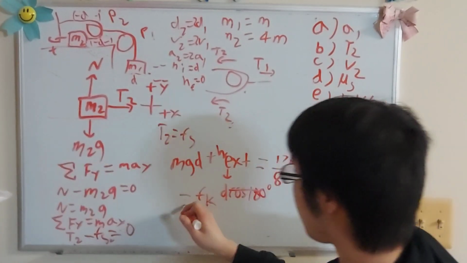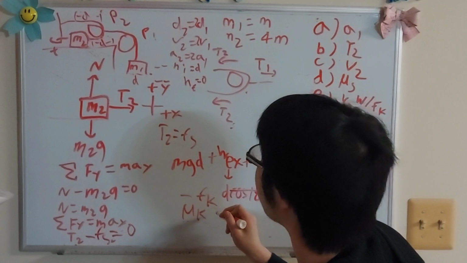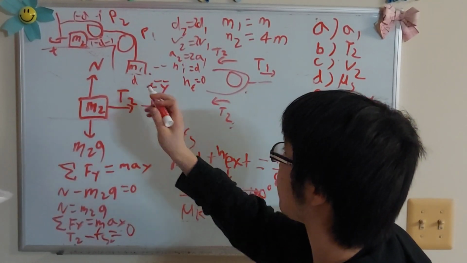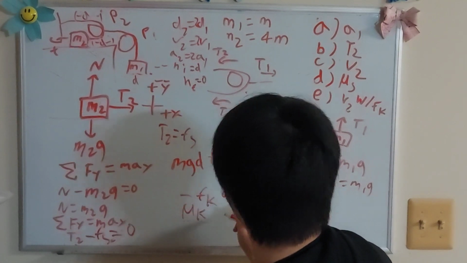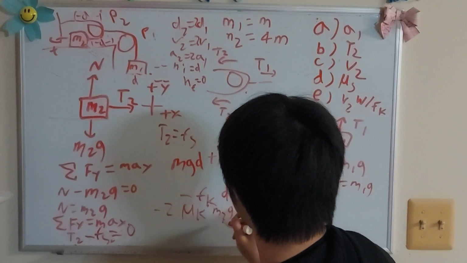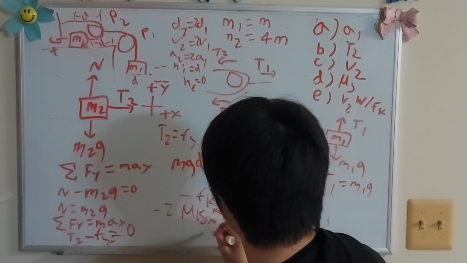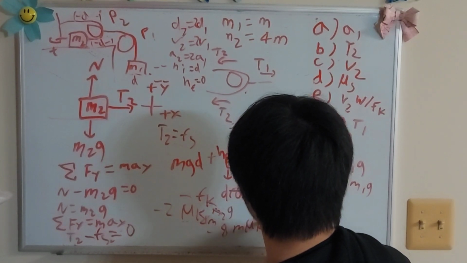Fk is just coefficient of kinetic friction times the normal force, and the distance it travels when mass 1 drops the distance d is 2d. So we end up getting minus 2 mu k m2 g. m2 is just 4m, so this ends up being negative 8m mu k g.